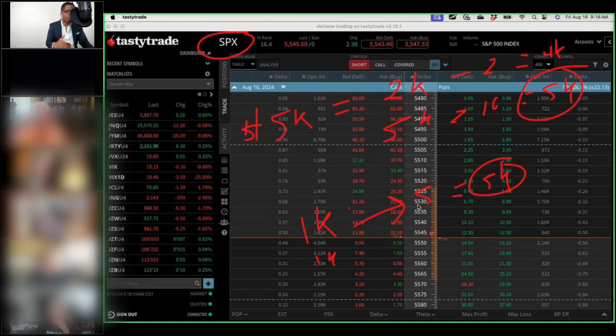If you don't have the structure correctly, adding contracts can be dangerous. Obviously, most of the time not, but sometimes, especially like this last month or so, it was super hard.